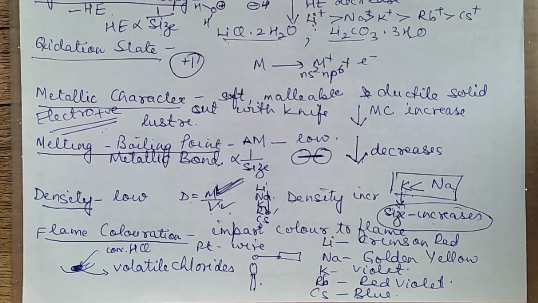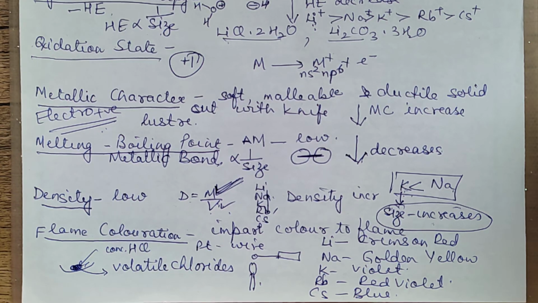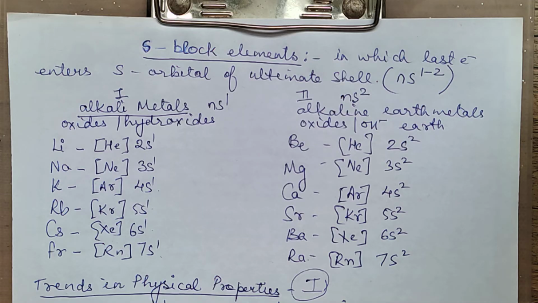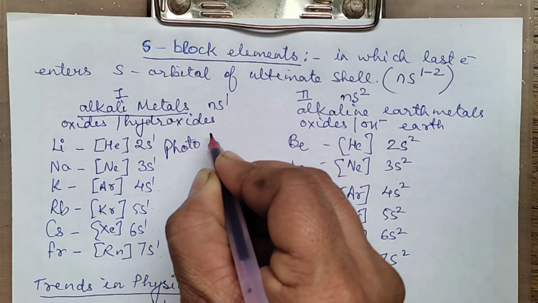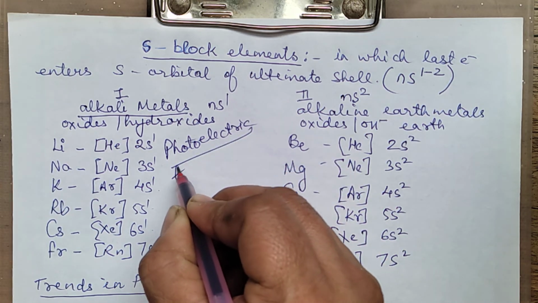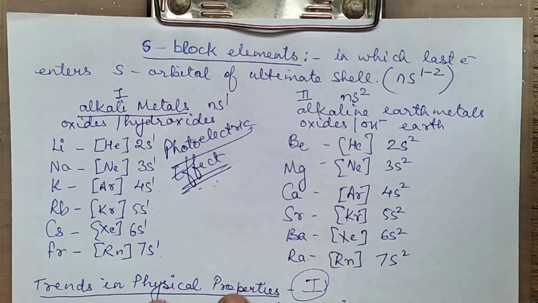So when we perform salt analysis in the lab, in practicals, we will be able to identify if any s block element is present by the flame coloration they impart. The last property of s block elements we will discuss is that they exhibit the photoelectric effect. Now, what is the photoelectric effect?